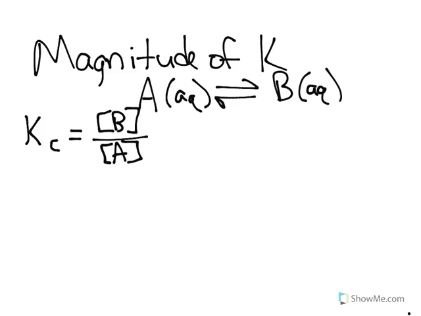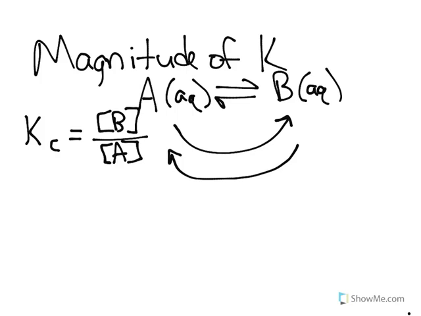So there's a couple options that can happen here for K, but we have to bust up a misconception first. Just because something is at equilibrium does not mean that there's an equal amount of A and an equal amount of B. In fact, that's almost never true. The idea of equilibrium is that the rate at which A is turning into B is exactly the same as the rate at which B is turning into A. So it appears that their concentrations are not changing.